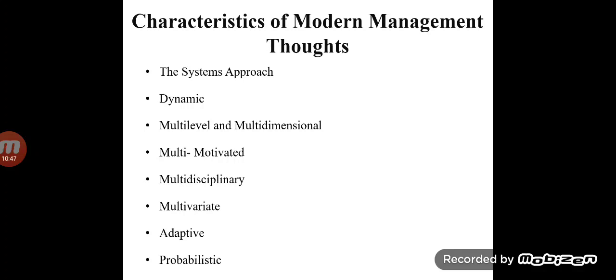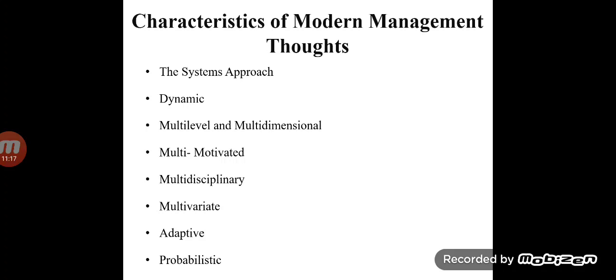Multivariate, ultimately we can say that any event in an organization may be the result of so many factors which themselves are interrelated and interdependent. Some factors are controllable, some factors are uncontrollable. So intelligent planning and control are necessary to face these variable factors. An organization does not live in a vacuum.